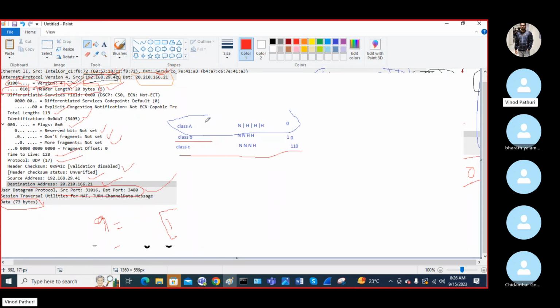So what is the value of 1 0 in binary? In an octet, just consider it as 8 bits. So 0 0 0 0 0, 1, 2, 3, 4, 5, 6, 7. Your eighth bit is 1.